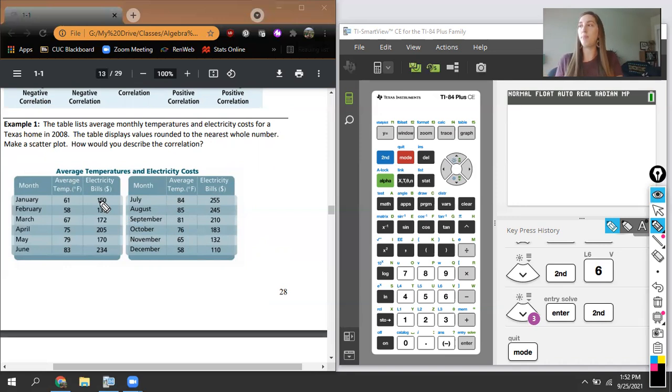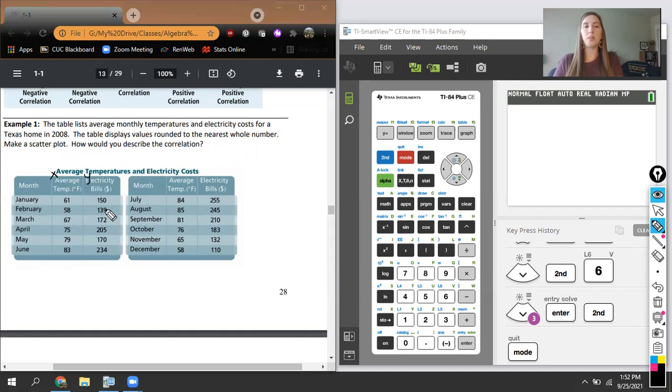And when you have hot temperatures, you tend to put air conditioning on more. When it's cooler temperatures, you might be opening the windows. All right, so our average temperature will affect whether we're turning on our air conditioner or not. So average temperature will be X, and then electricity will be Y.